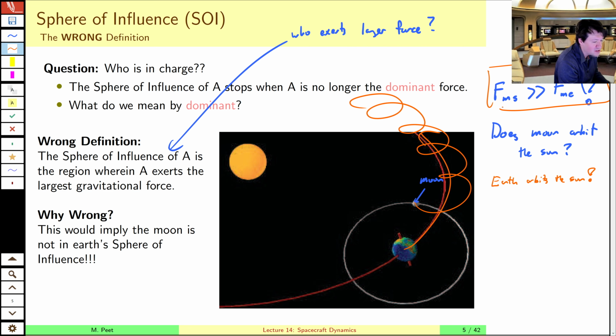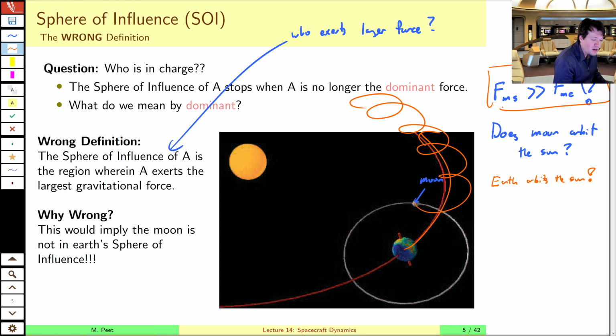So the sphere of influence model is really designed to let us do this patched conic approximation. And so, the motion of the moon around the sun, if we're going to model that with a patched conic, that would just be the Earth.